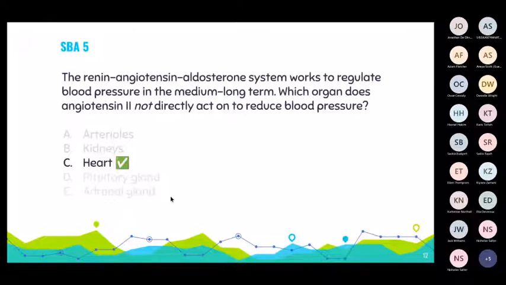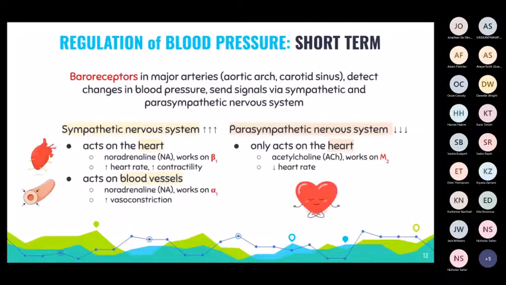The way that I think about the regulation of blood pressure, and the way that I wish they taught it a little more clearly, is to think about short term and long term. In the short term, and this is about as basic as you need to know, your blood pressure is controlled by your autonomic nervous system, so your sympathetic and your parasympathetic.